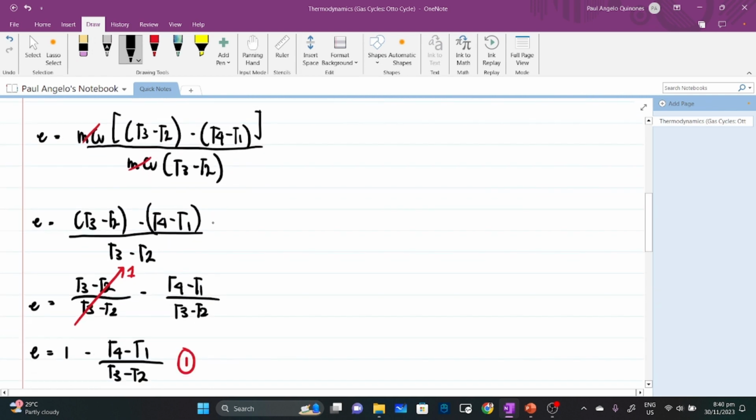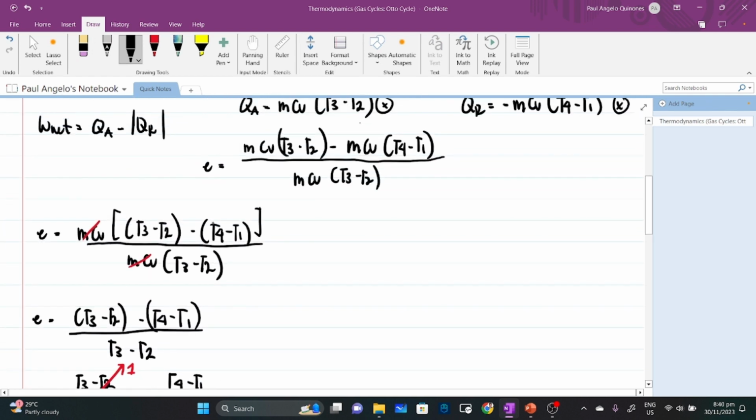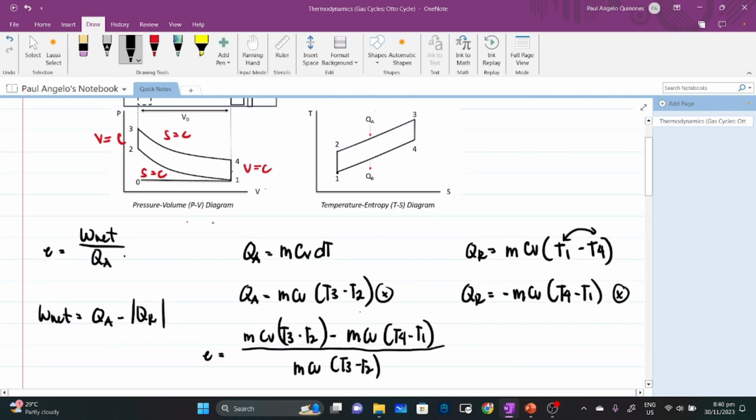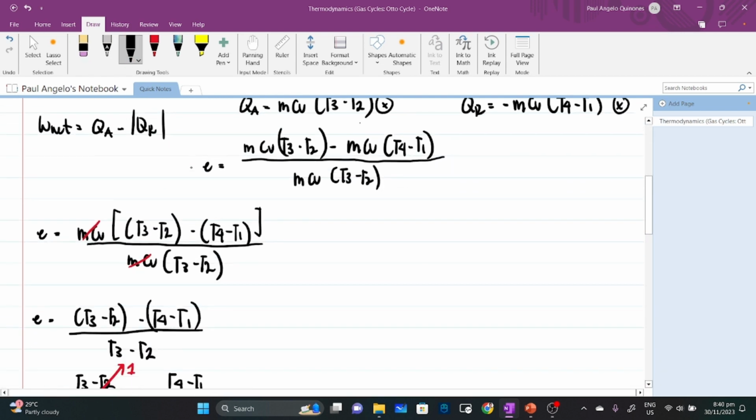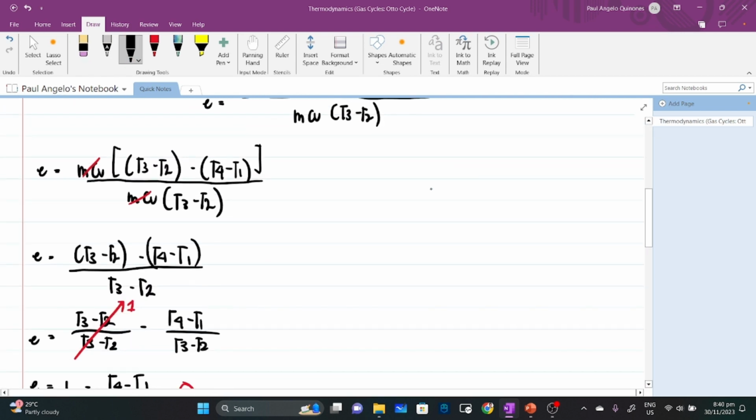I can solve for T sub 2. From point 2 and point 1, we have an isentropic process, so I can use the isentropic relation. T2 over T1 is equal to, since I am using volume here, V1 over V2 raised to K minus 1.